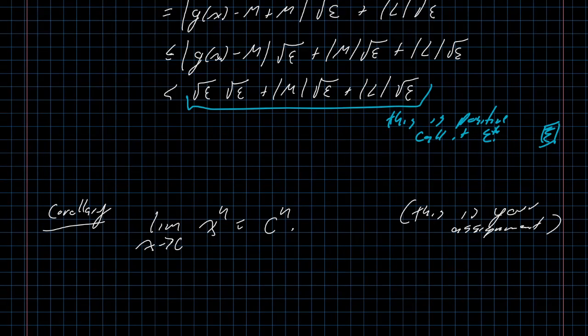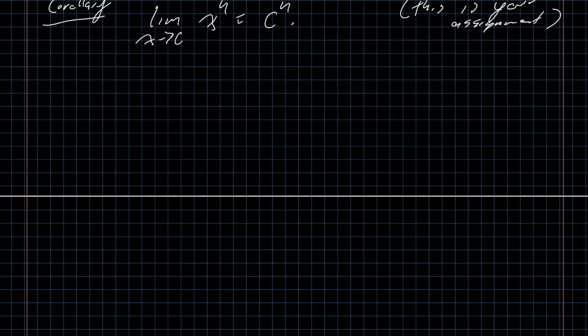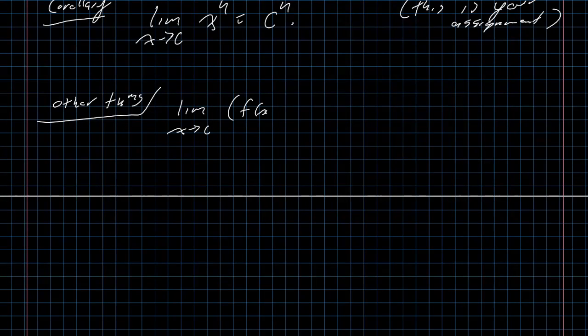But before we do that, I just want to give you a couple of others. There are two other theorems which say that the limit as x approaches c of any function f(x) to the n is equal to L to the n.